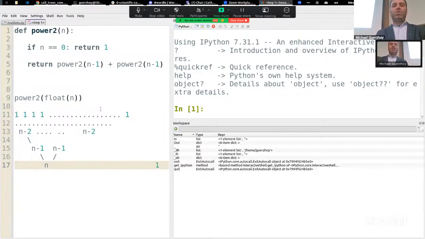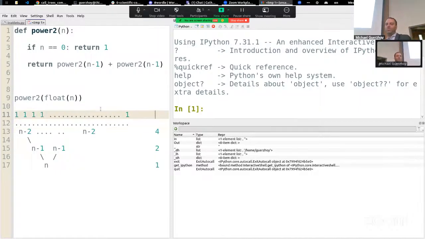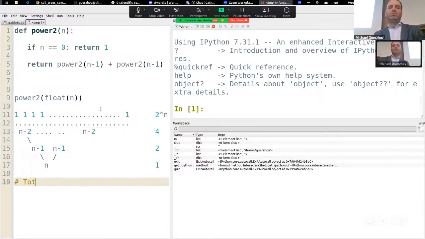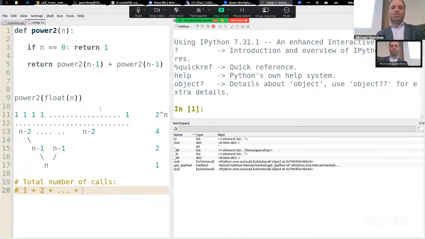And the answer is, well, 1 over here, and then 2 over here, and then each call here spawns 2, so that's 4, and so on, up until you get to this point. So this is 2 to the 0, 2 to the 1, 2 to the 2, and so on. So this is 2 to the n. And then the total number of calls is 1 plus 2, and so on, plus 2 to the n.